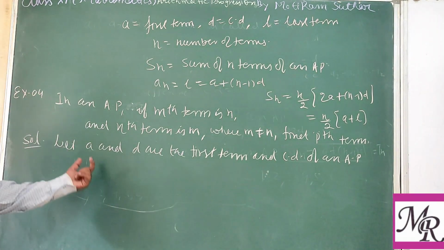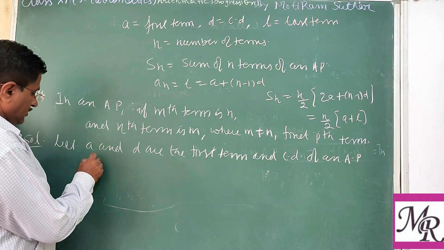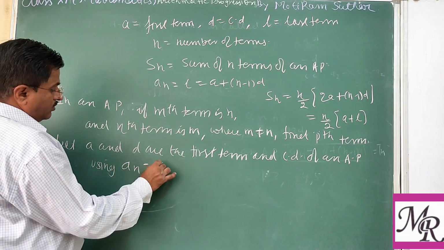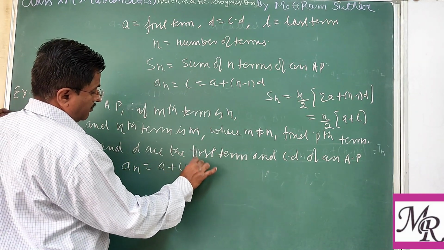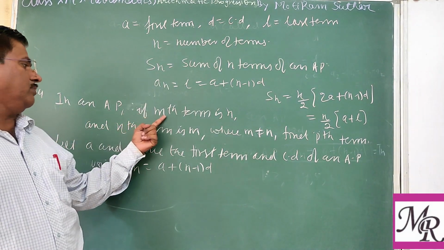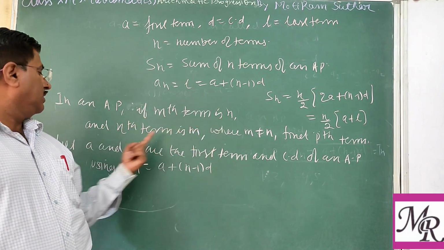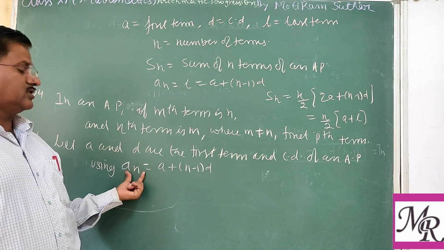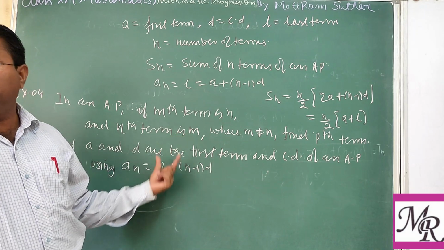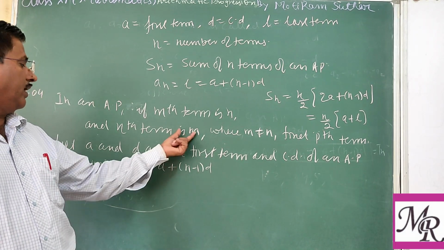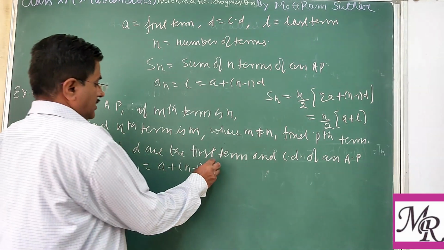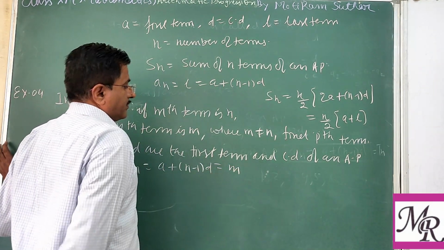So using the general formula, an equals a plus n minus 1 into d. Now the question says the mth term is n and the nth term is m. So we can put this equal to m, meaning the value of this term is m.